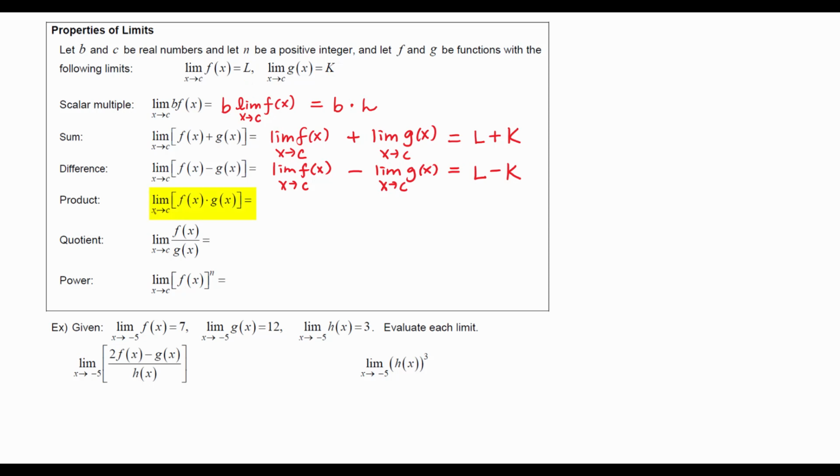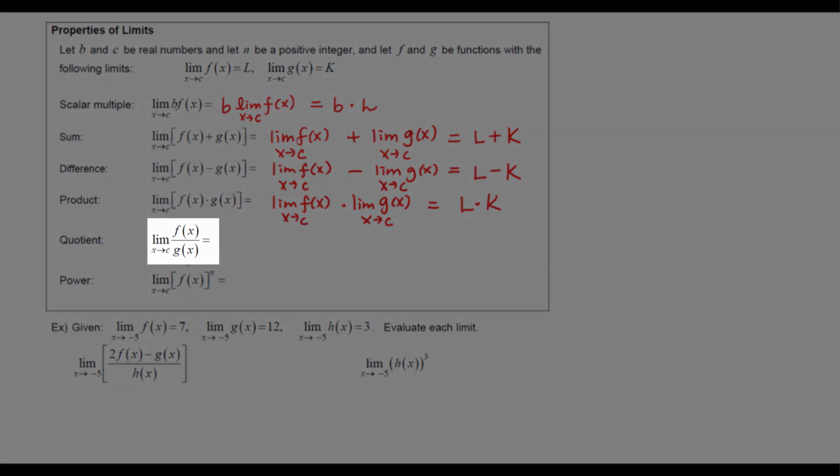And if you want to find the limit of a product of two functions as x approaches the same number, it would be equal to the product of the limits. So that would be the limit of f of x as x approaches c times the limit of g of x as x approaches c, and that would be equal to just L times k.